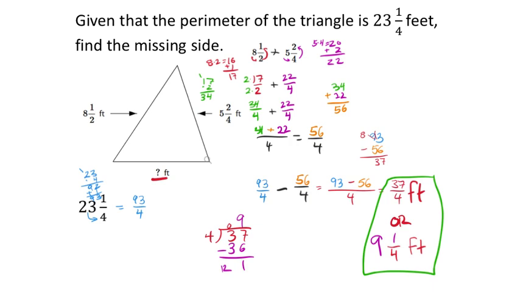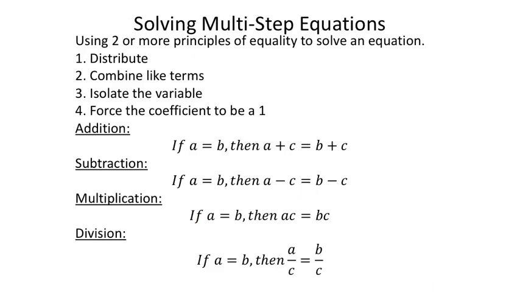Either one of these. All right, if we're going to solve multi-step equations, multi being more than one operation is needed, which we should see on the assignment, but also the exam probably, then we need these principles of equality. Now, we've seen this already where we need some distribution and combining like terms.